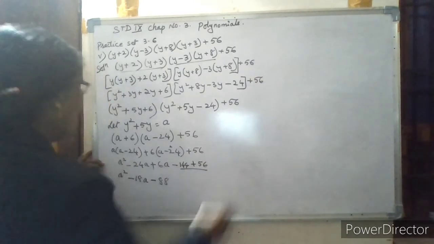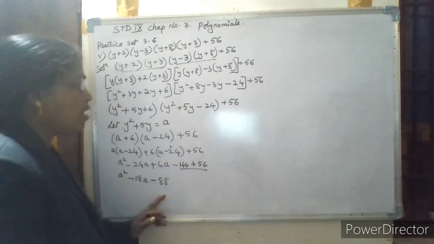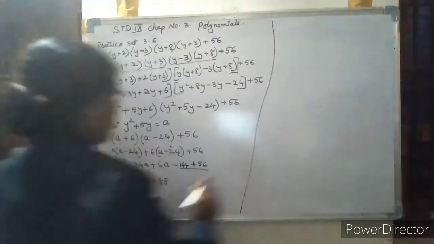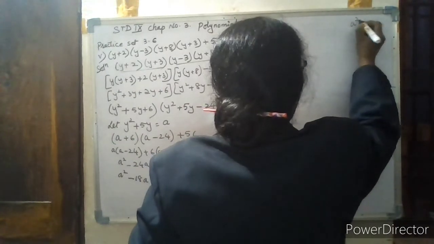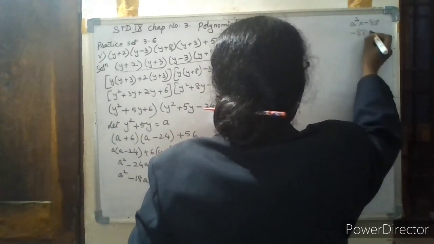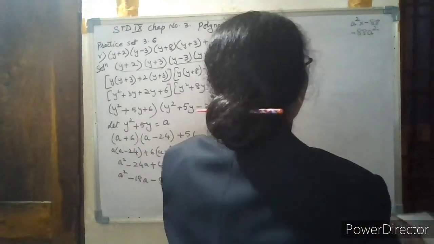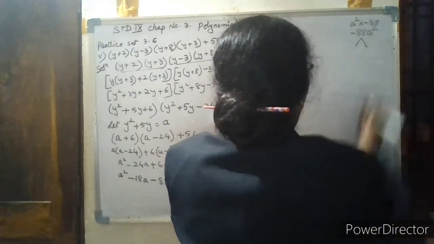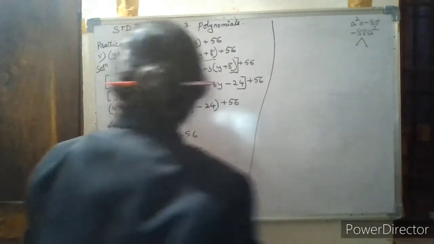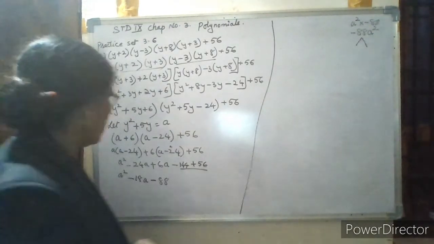Now we have a very simple quadratic polynomial. Now we take the first term and the last term, that is a squared into minus 88, which is minus 88a squared. Split this in such a way that we get the middle term minus 18a.